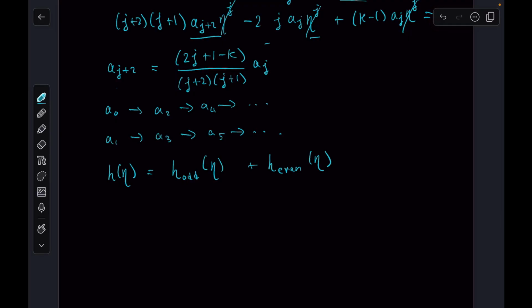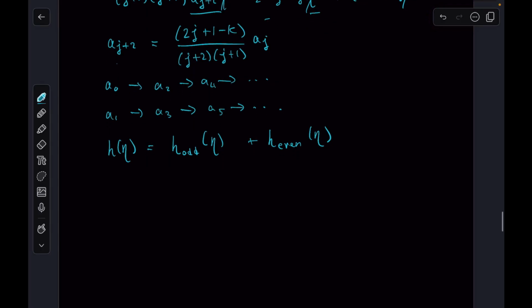So now let's examine this recursion a little more and see how a sub j is going to grow as j grows. So approximately, a sub j plus 2 is equal to 2j over j squared times a sub j, and of course this just cancels, right?